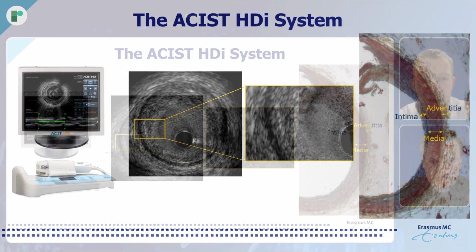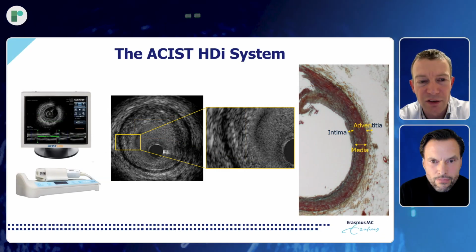This is just an example of the ASSIST system, which allows you, with very high resolution, to appreciate the intima, media and adventitia in a single cross section, with a resolution definitely not comparable to the initial IVUS images that we were used to looking at when we started imaging many decades ago.